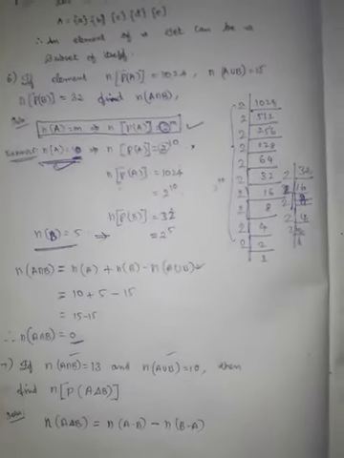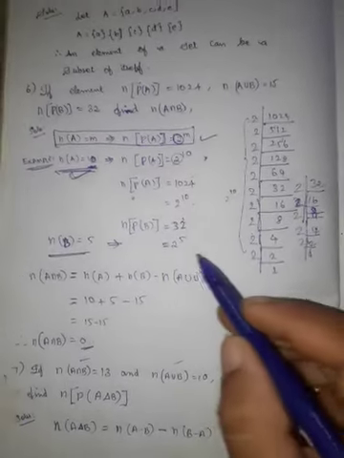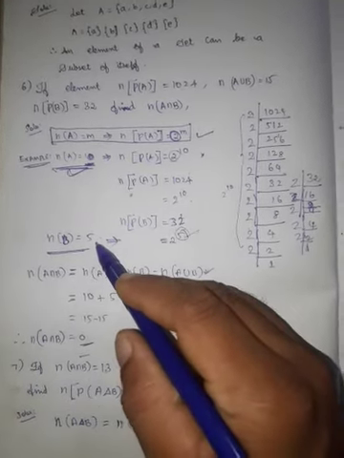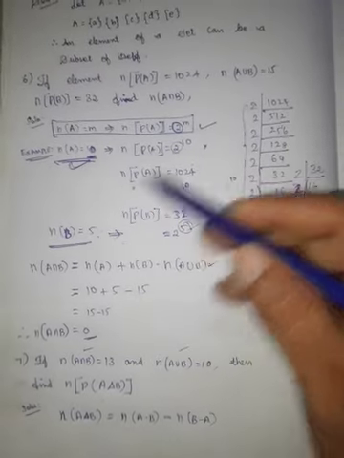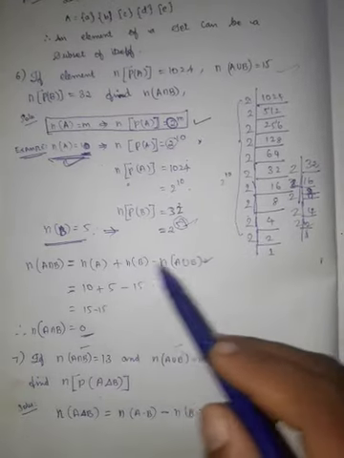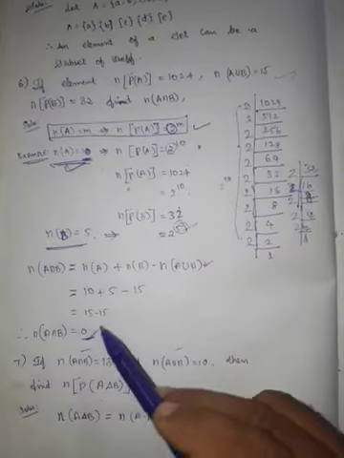This is also the same, so 32 is 2 power 5. So the power value is the answer: number of B equals 5. So we have number of A, number of B, and number of A union B is given. Substituting here, we get 0. So number of A intersection B is 0.